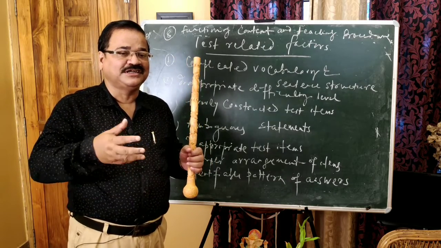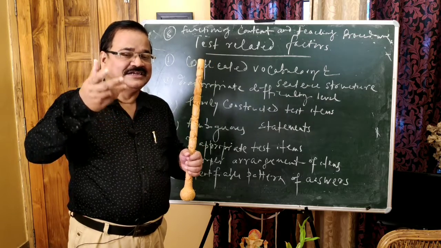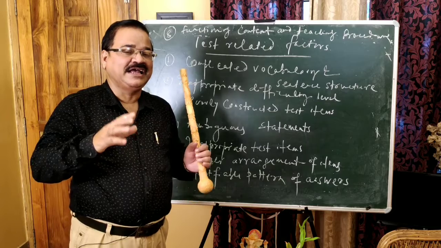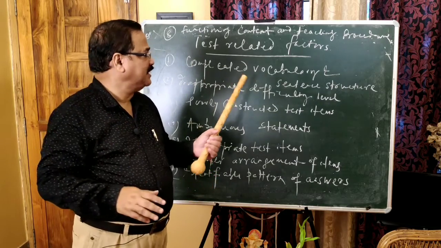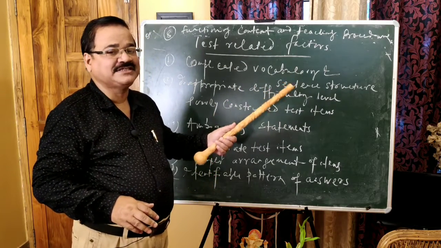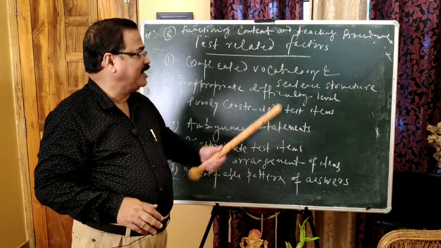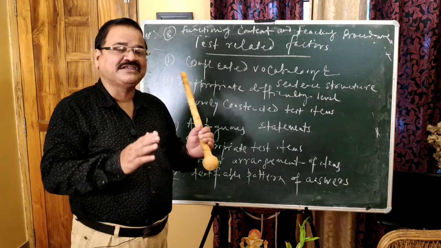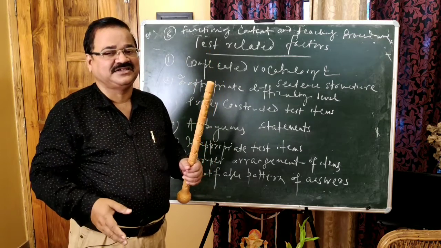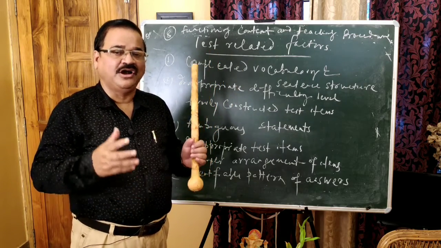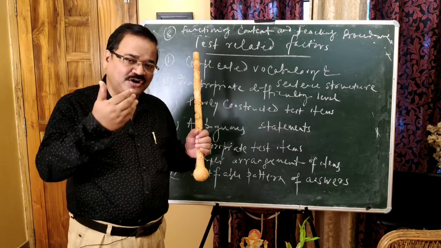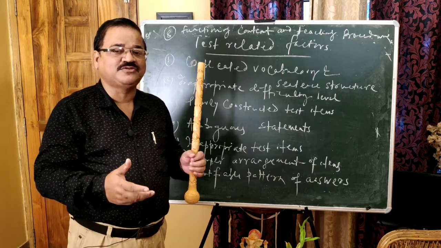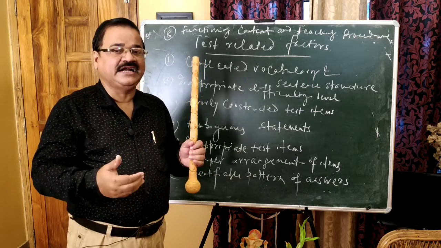To show their own intelligence and knowledge, they ask difficult questions. They use hard language, a higher type of vocabulary, and make complex sentences. So students are unable to understand. When you do not understand properly, how can you answer? So your marks will be affected.